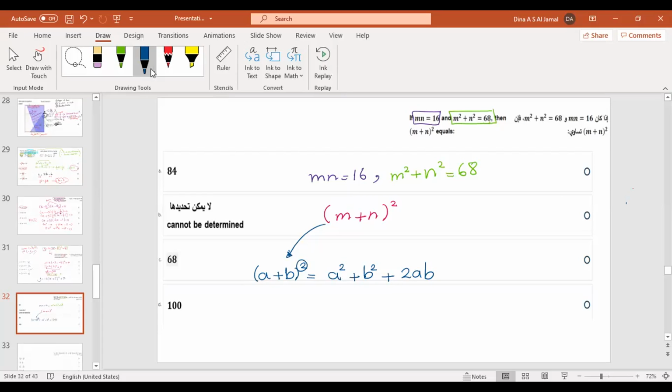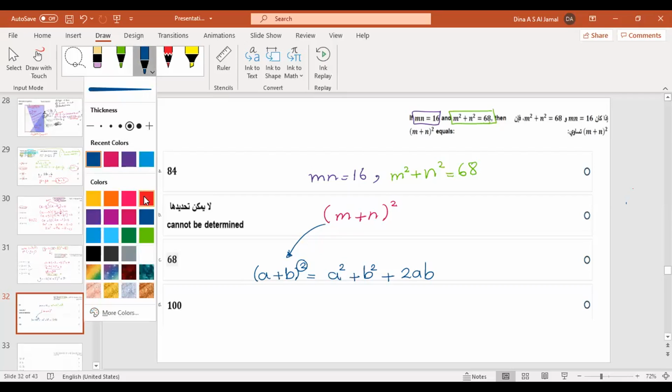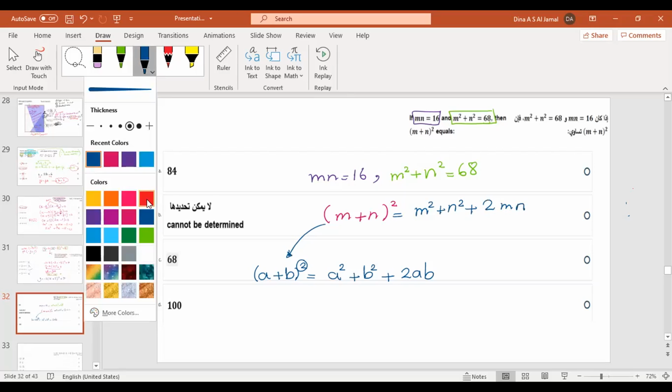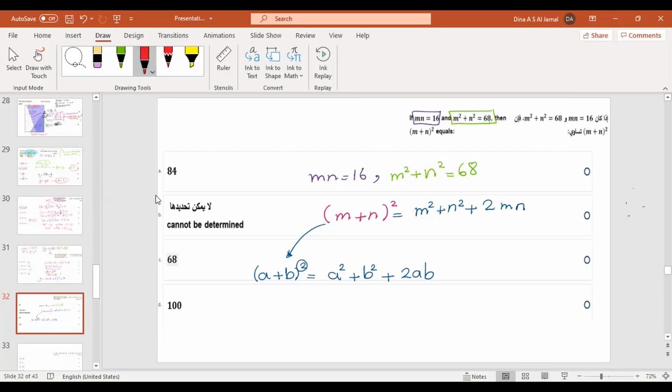Now, just different letters, but same concept. So, m squared plus n squared plus 2mn. That's it. Now let's go and substitute.